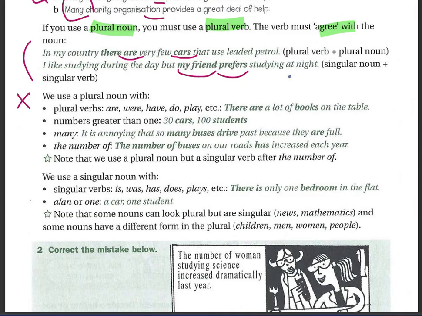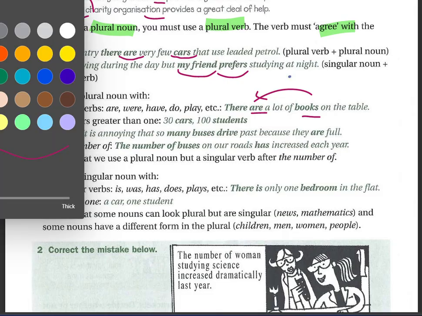Look at here. We use a plural noun with. Option 1. Plural verbs: are, were, have, do, play, etc. Yes, there are a lot of books on the table. So, books. So here the verb is plural.